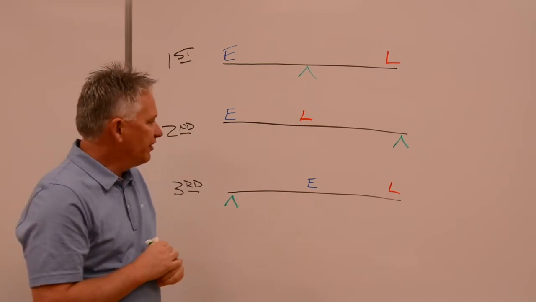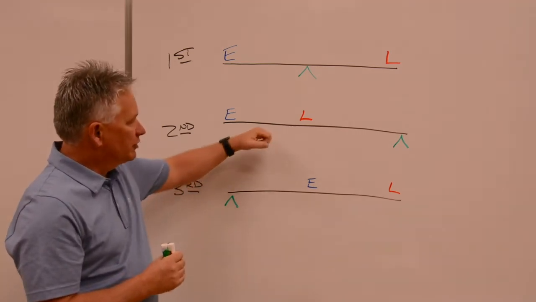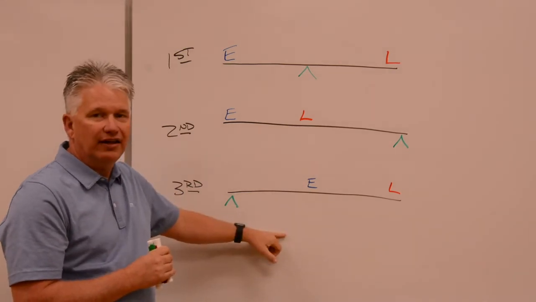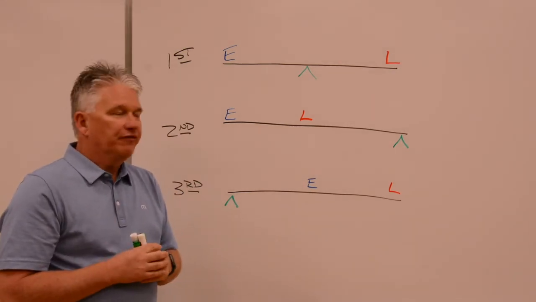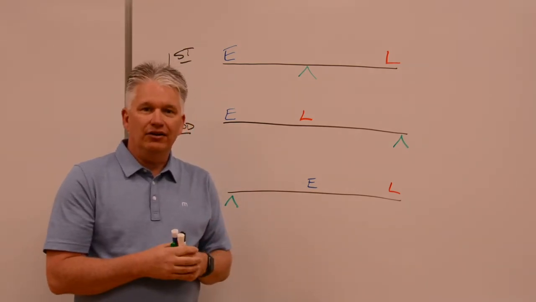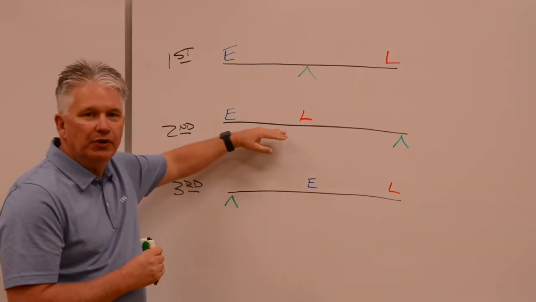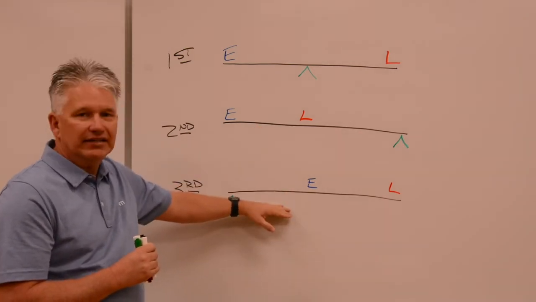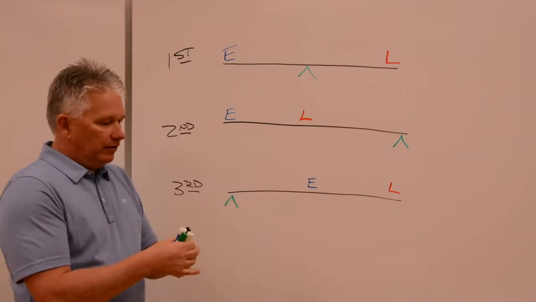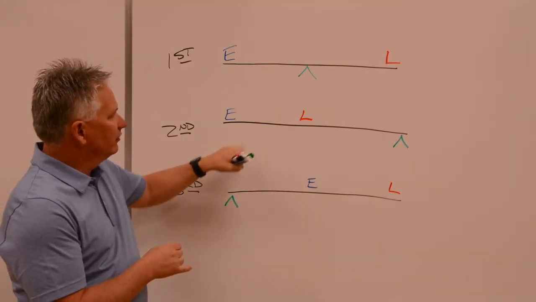Now, there's an important thing that we have to recognize when we think of especially our second and third class levers, and that is what we refer to as a mechanical advantage or a mechanical disadvantage. There's a very big difference between our second and our third class lever. Look at the second class lever.